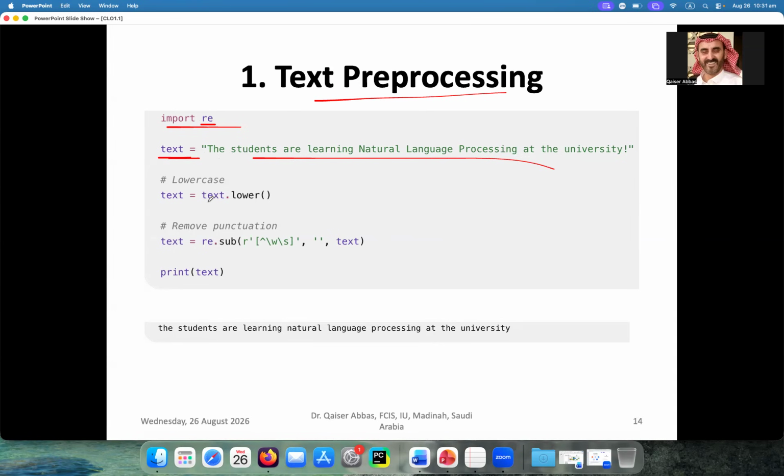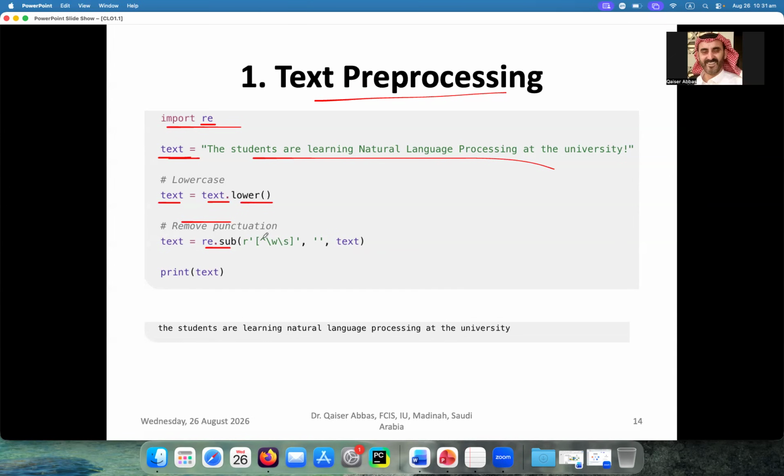And then the lower function is available: text.lower will convert all the capital letters into lower case. Similarly, remove punctuation. Here we are removing punctuation, using re.sub.